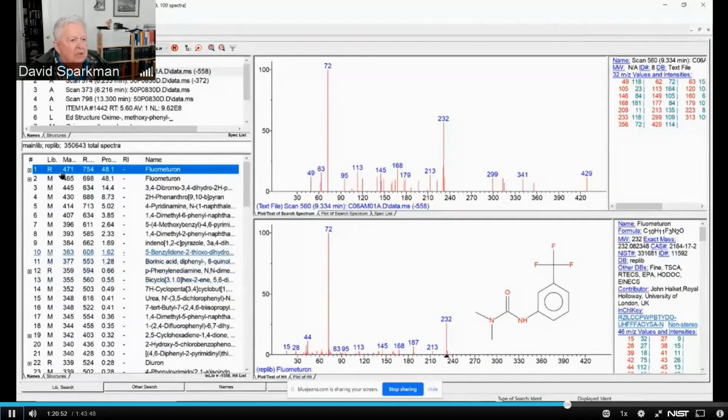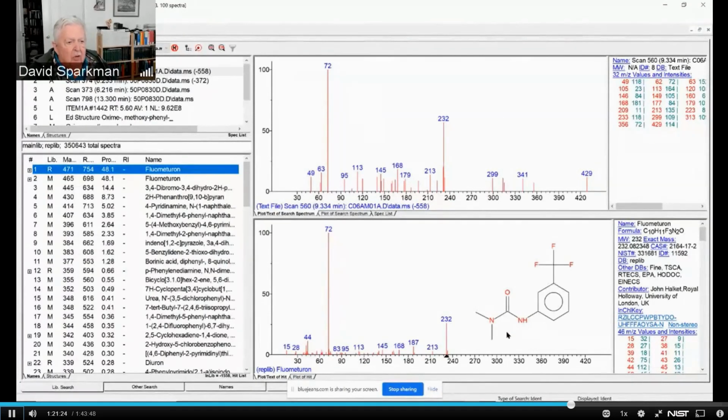Now, this match factor is not very good. The probability is very low. The only saving grace here is the reverse match factor. And the reverse match factor is a match factor that is calculated disregarding any peaks in the sample spectrum that are not in the library spectrum.